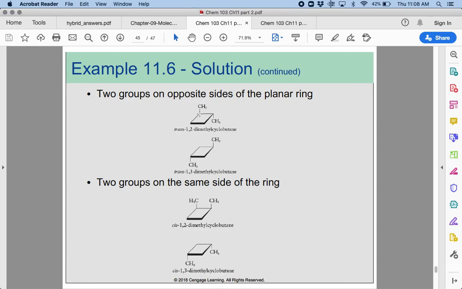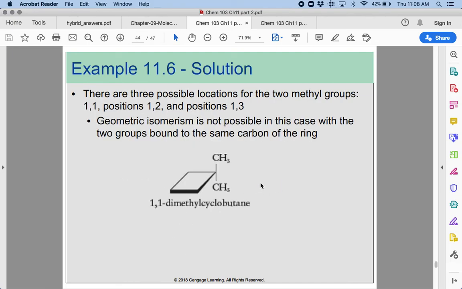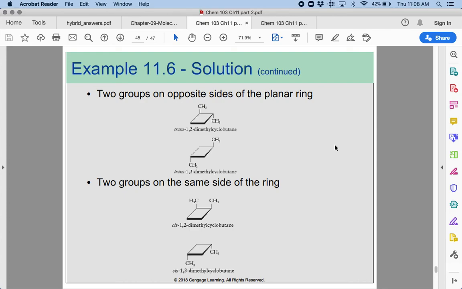If we have the 1, 1, it doesn't matter because they're not across a double bond. So it would just be 1,1-dimethyl cyclobutane. There's no isomer for this one because it's not going across a bond, a CC bond. It's all on the same carbon. For the 1, 2 and the 1, 3, we do have geometric isomers.